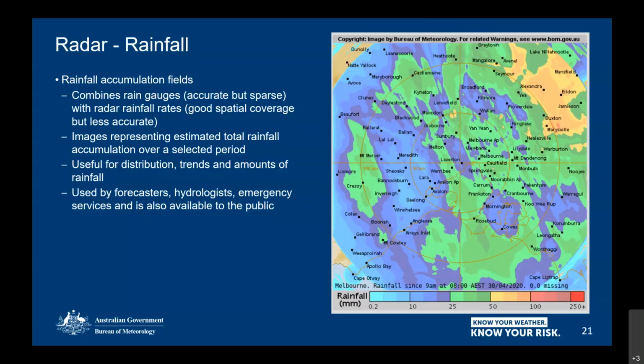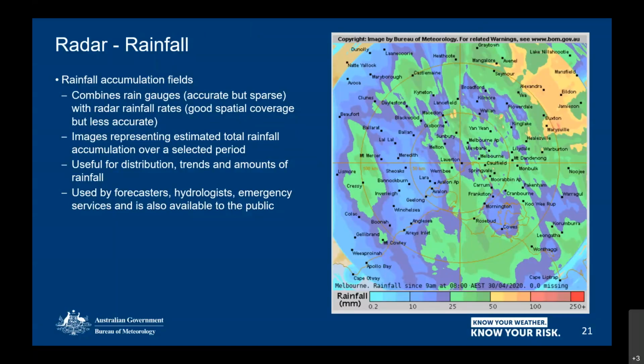Our radar data is very good spatially, but we are estimating how those reflectivity images are converted into actual millimetres on the ground. Rain gauges are much more accurate, but the downside is they're a bit more sparse spatially. So we use those two sources in combination to provide a more accurate rainfall estimate.